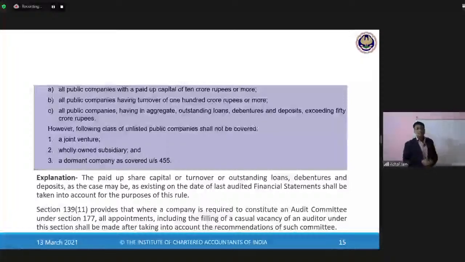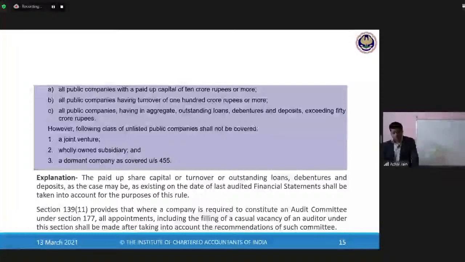So every listed company, irrespective of any of the criteria which are specified, and in respect of unlisted companies, once again those should be public companies, which means all private limited companies do not need an audit committee.